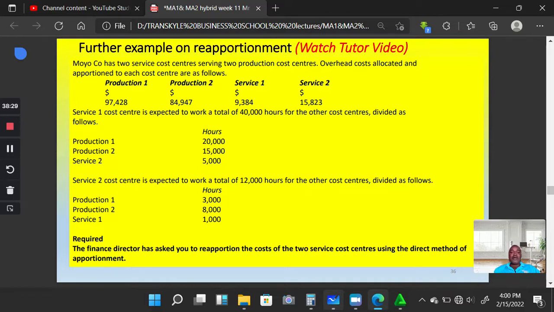These are the overhead costs. And one thing I have to emphasize here is, when we are talking of apportionment, we are talking of overheads sharing, not any other cost.